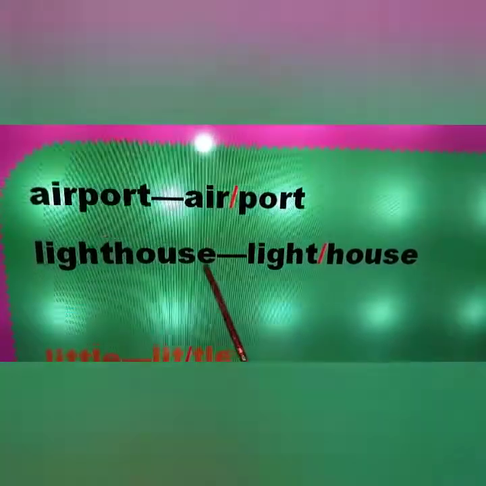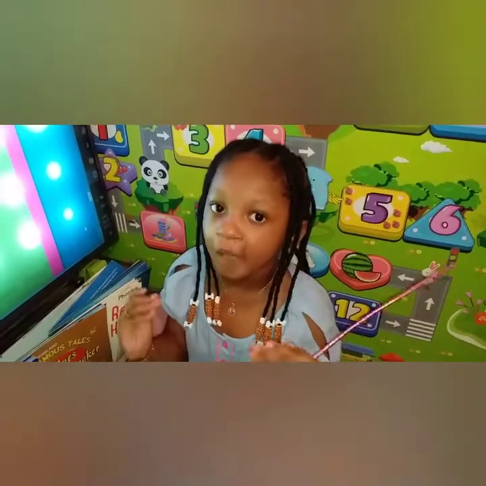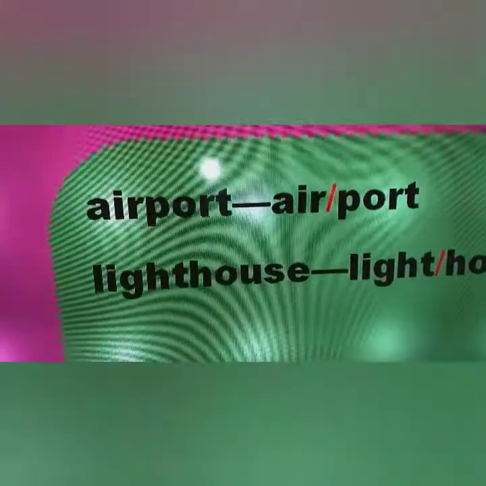Airport. Lighthouse. These words are compound words. A compound word is made up of 2 or more words. Compound words can be divided by first dividing between the 2 smaller words. For example, we have airport.